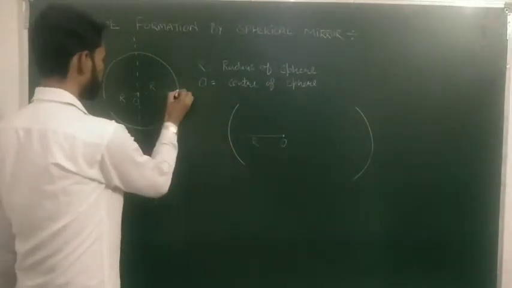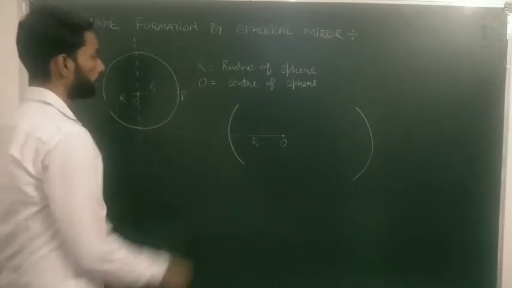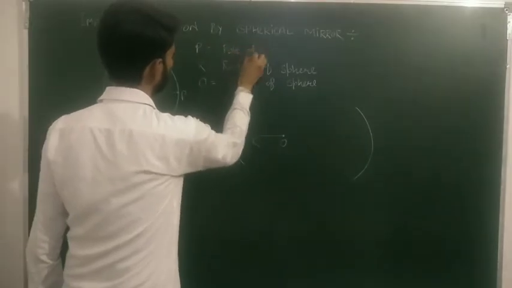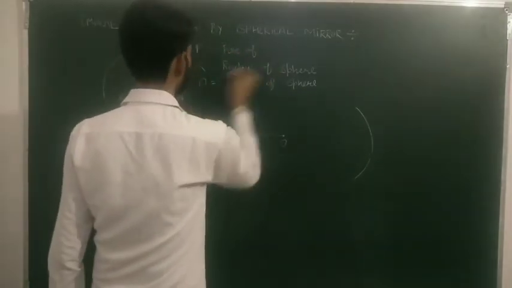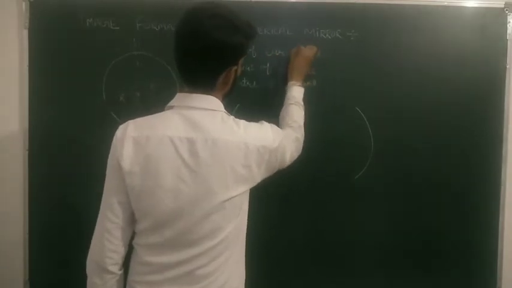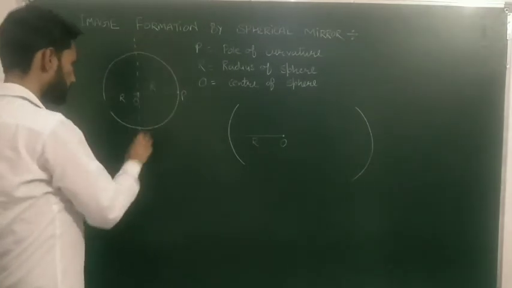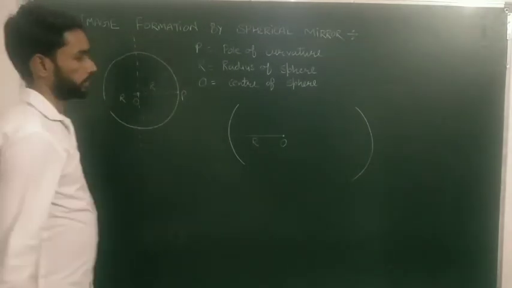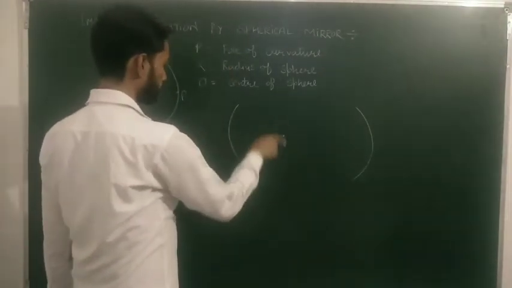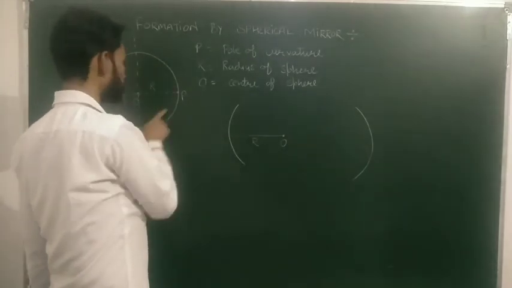We say this point is P. What is P? We name P the pole of curvature. What is curvature? This is curvature. This is also curvature. O is the center of this surface, and O is also the center of this other surface.